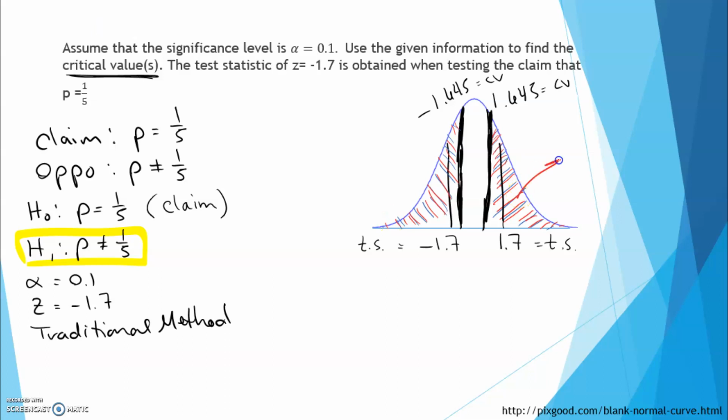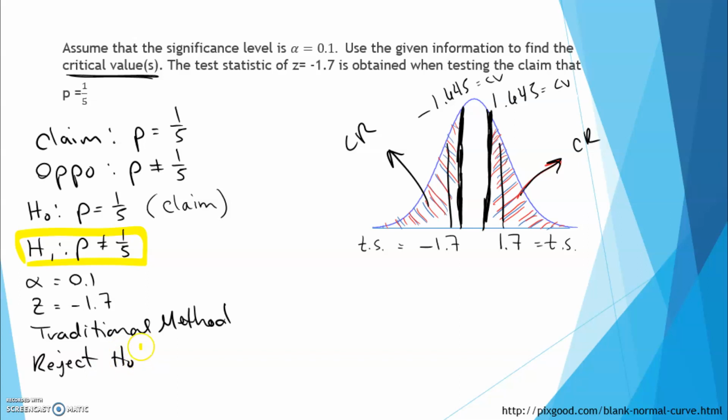So all of this over here would be our critical region. Since our test statistic, 1.7 and negative 1.7, has fallen in the critical region, I need to reject H sub 0.